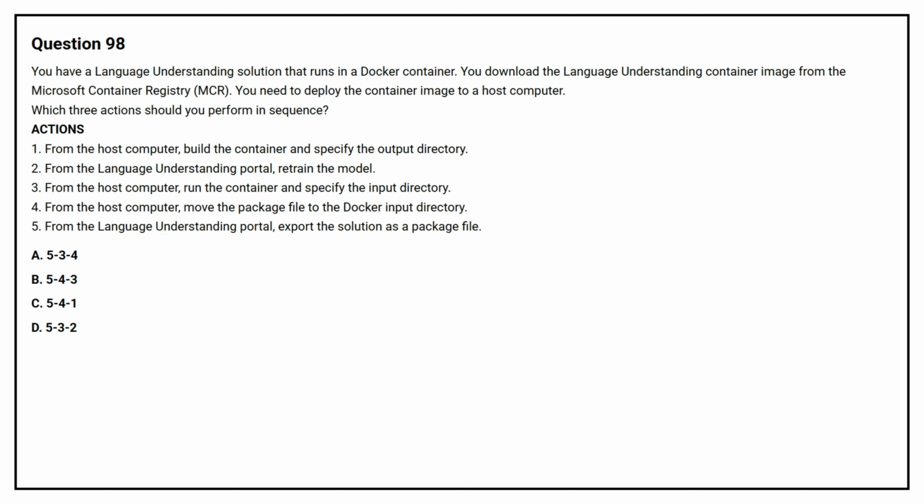Question number 98. You have a language understanding solution that runs in a Docker container. You download the language understanding container image from the Microsoft Container Registry, MCR. You need to deploy the container image to a host computer. Which three actions should you perform in sequence? 1. From the host computer, build the container and specify the output directory. 2.